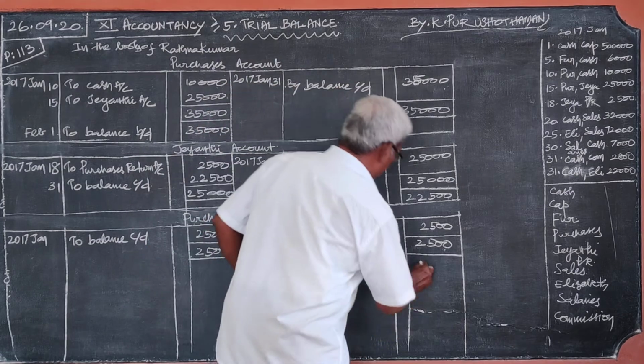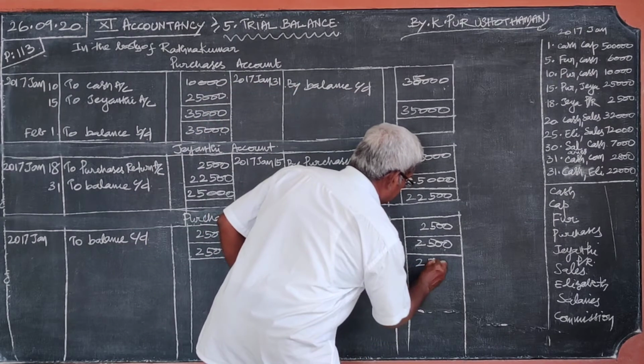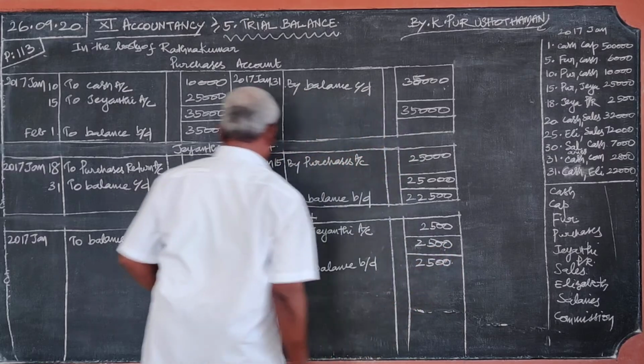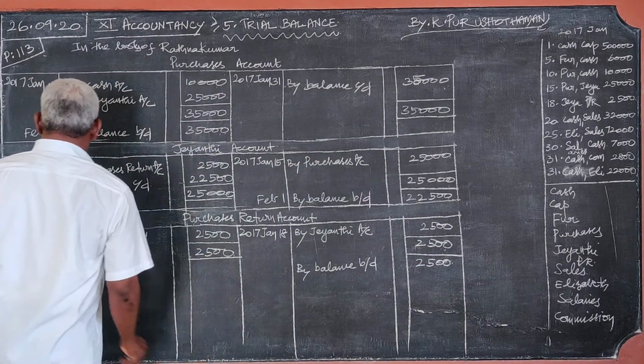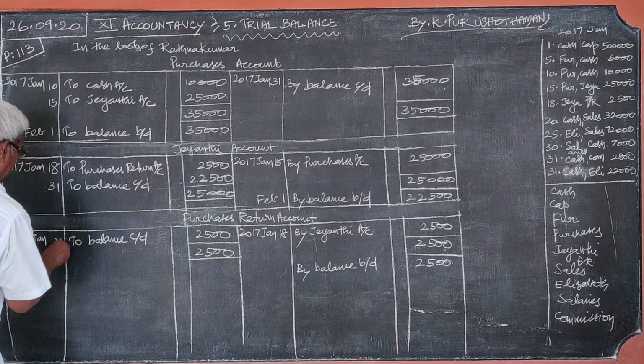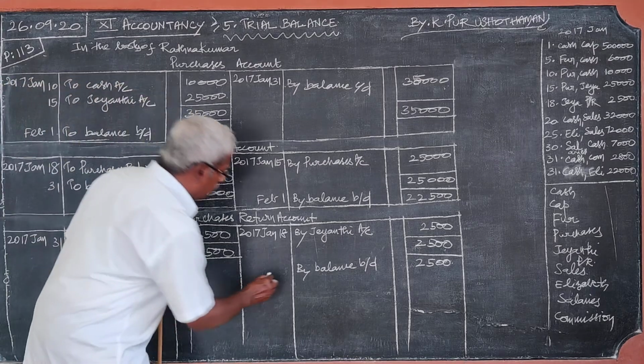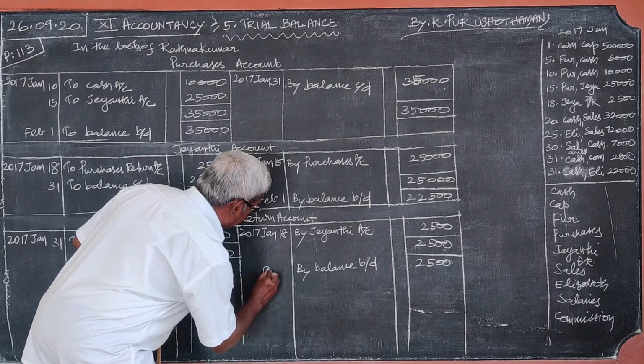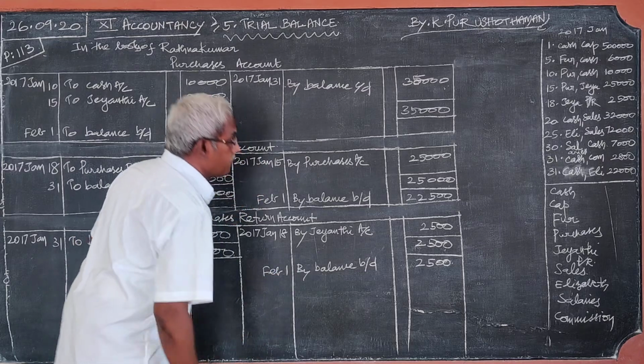For carried down, the last date of the month; for brought down, the next month's first date, February 1st.